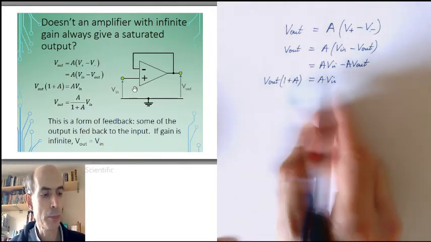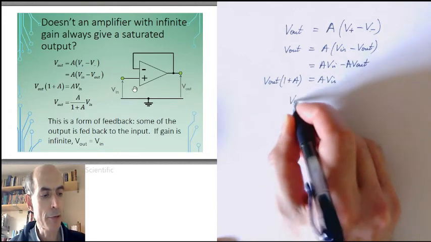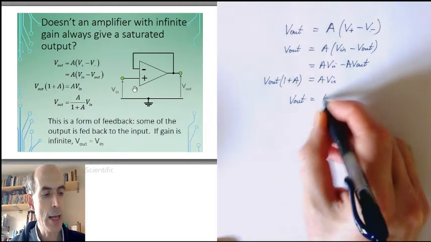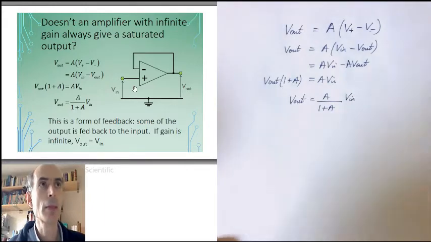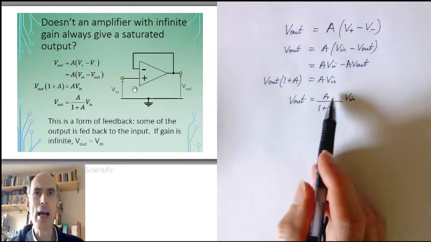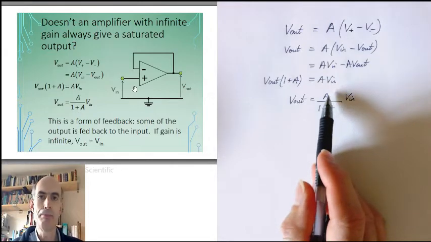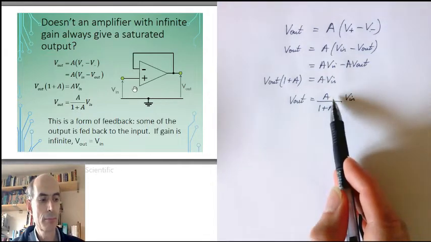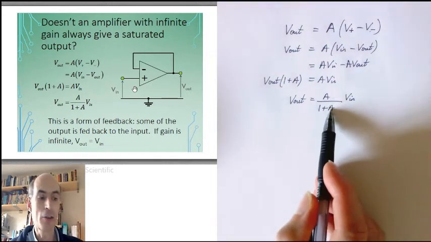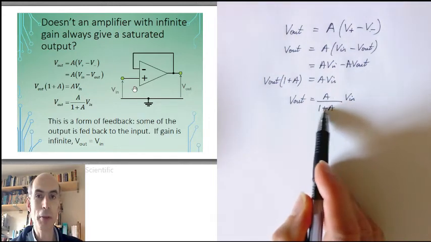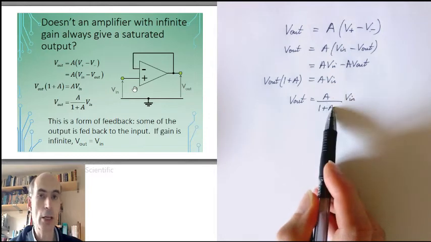Divide through by 1 plus A, and I'll get that Vout is equal to A over 1 plus A times Vin. Now, we're assuming that A is a very large number, effectively infinite. So if A is very, very large, then A over 1 plus A will be approximately equal to 1.